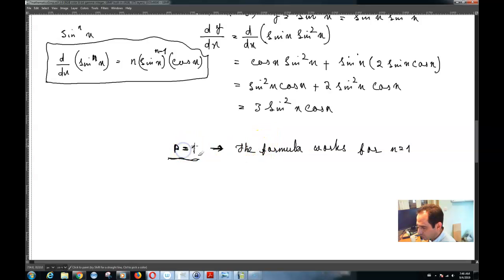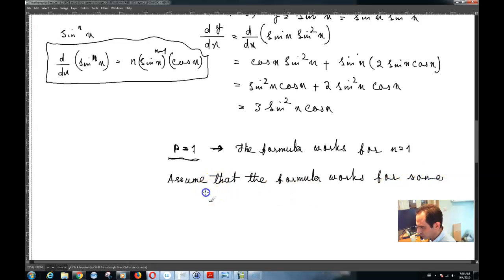What you formally or usually do in this principle of mathematical induction is that you assume that the formula works for some n is equal to k, for example.